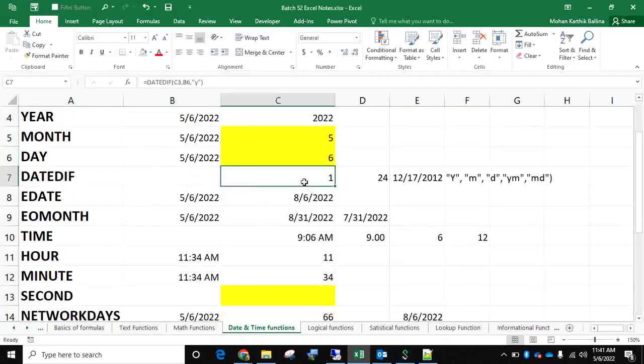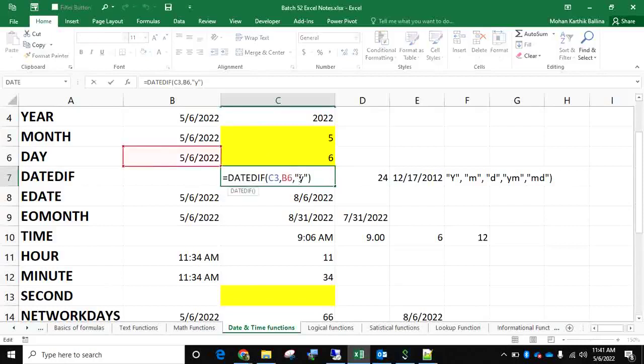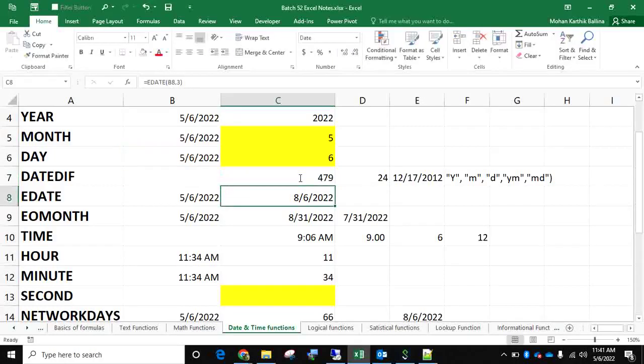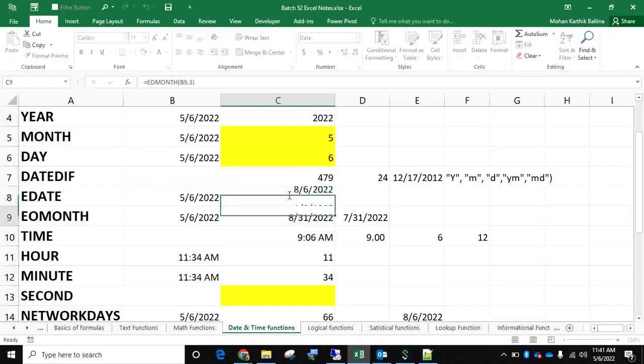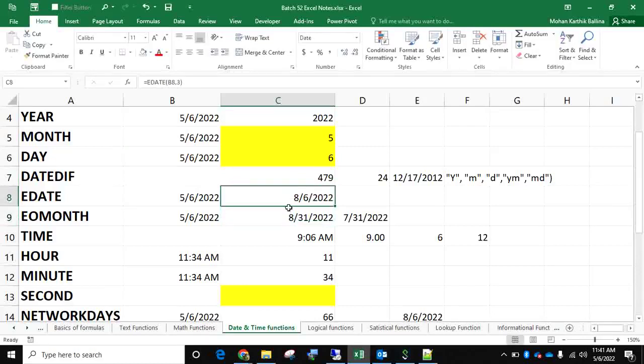Date difference. We have different kinds of formats. You can get the difference between two dates by days, by months, by years, by ym, by md. EDATE: if you have a work started and you take 3 months, it will give you the estimated date.